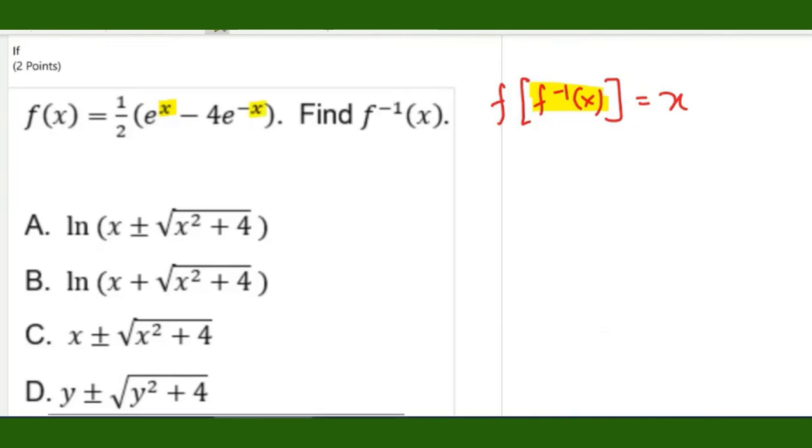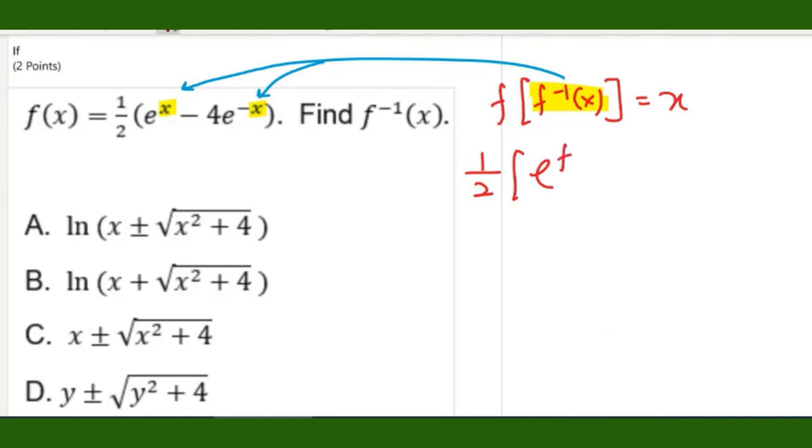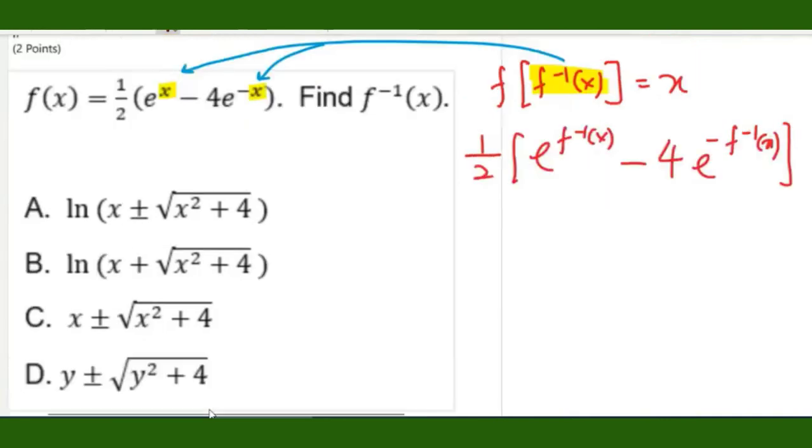So this particular x, we substitute with f inverse of x. Okay, so we shall have 1 over 2 of e^(f inverse) minus 4e^(negative f inverse), and not to forget to write equal to x.